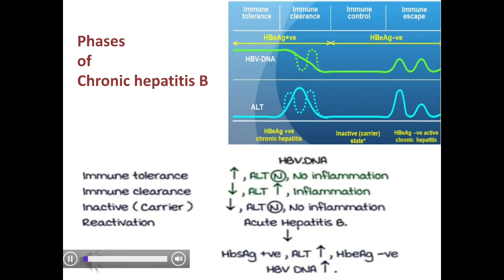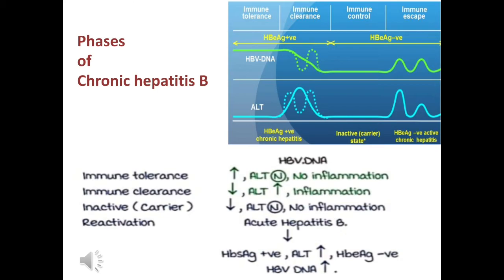Phases of chronic hepatitis B: immune tolerance, when HBV DNA is high, ALT levels are normal and no inflammation is seen. Immune clearance, if HBV DNA is low, ALT levels are increased and inflammation is present.